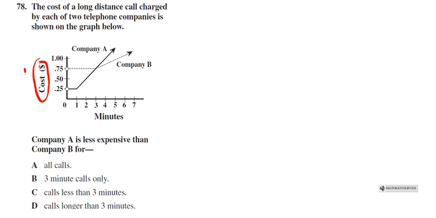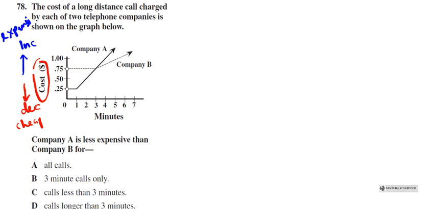And the cost increases in this direction. Right? Increases in cost. If cost is increasing, that means it's more expensive, right? That's what expensive means. And then in this direction, the cost decreases, which means it's cheaper.